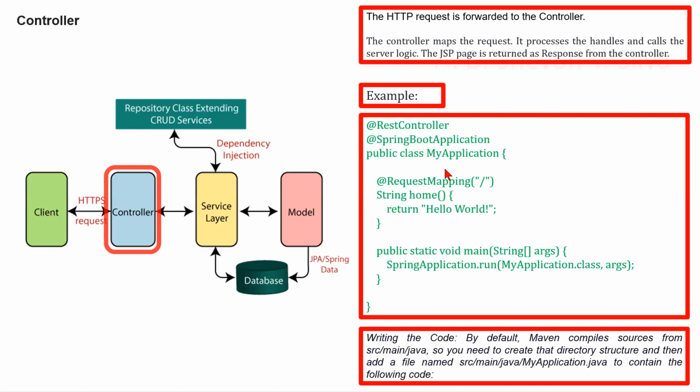As an example, we are considering this one here related to writing the code. By default, Maven compiles sources from src/main/java, and so you need to create that directory structure and then add a file named src/main/java/MyApplication.java to contain the following code.